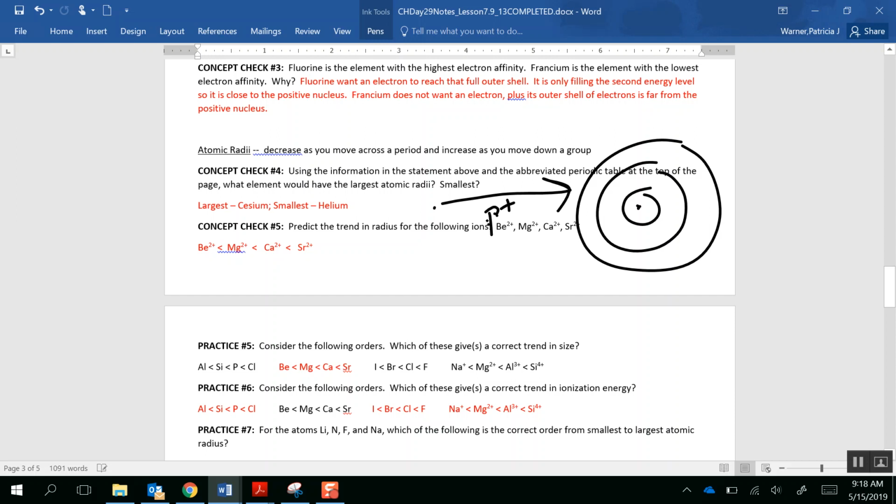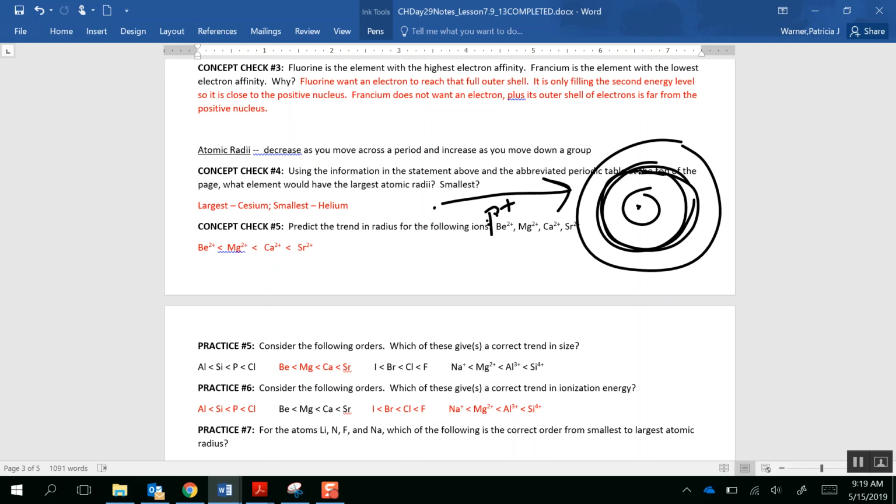So every time you add a proton as you move across the period, it pulls the electrons in tighter, because you're at the same distance from the nucleus, but you keep adding more positive charge, and that pulls them in tighter. So that's why you get smaller as you move across the periodic table.